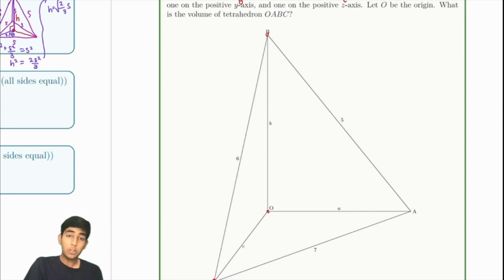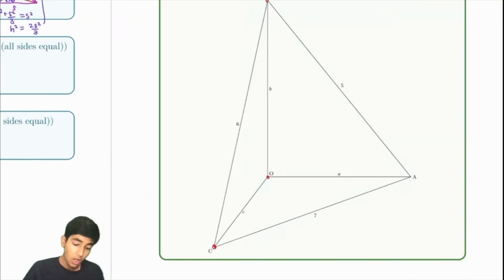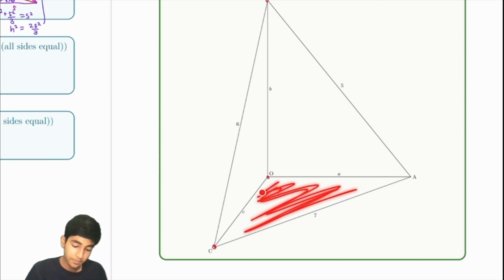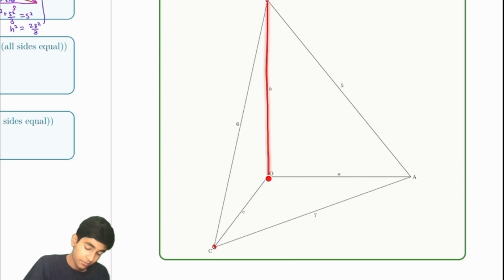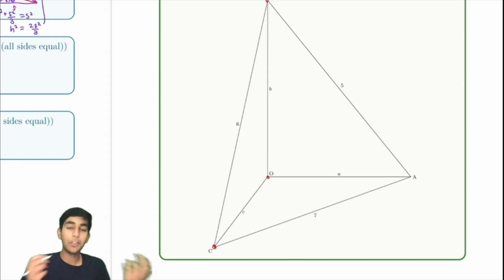But we're trying to find the volume of the tetrahedron. This is not a regular tetrahedron. These formulas won't work. And just like any other problem, to do this, we need to find base area, which is that, and the height. And if we can find the base area and the height, we can find the volume.